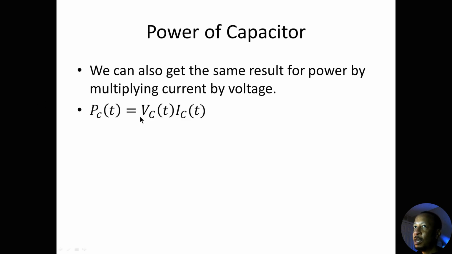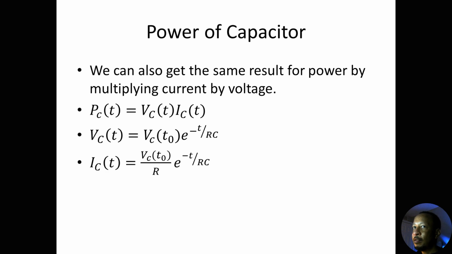So PC of t equals VC of t times IC of t. VC of t equals VC of t sub 0 times e to the negative t divided by RC. IC is what we got before, IC of t equals VC of t sub 0 divided by R times e to the negative t divided by RC.